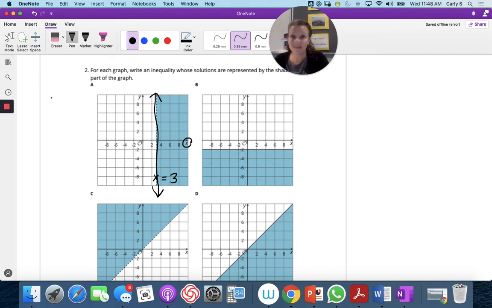We need an inequality. So really we want x, all of the numbers greater than 3. Now that line is dashed. Therefore, we know that it's just a greater than symbol, not a greater than or equal to symbol.